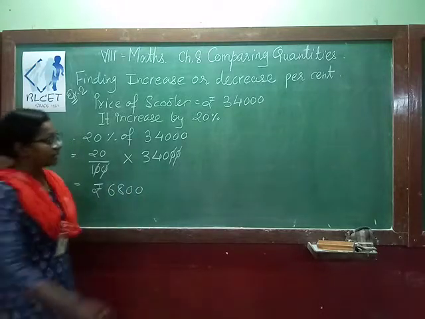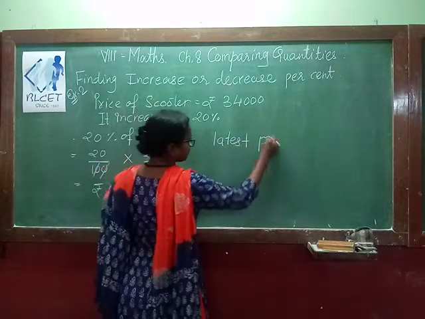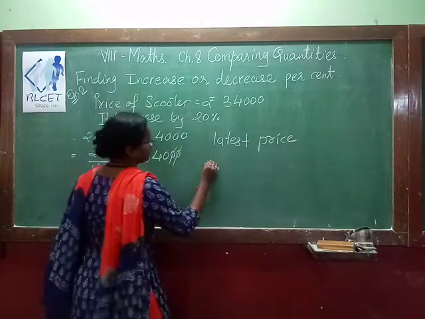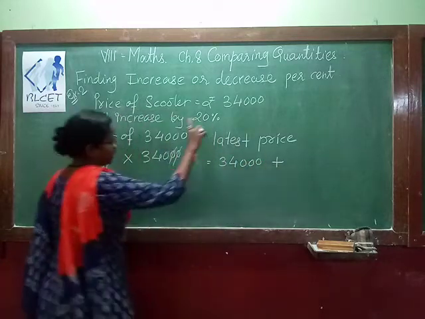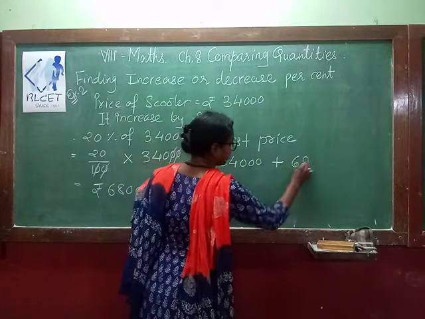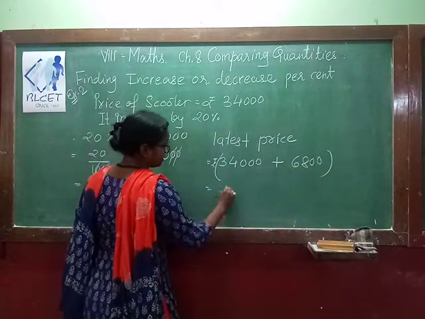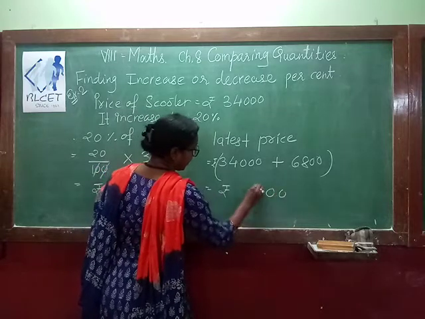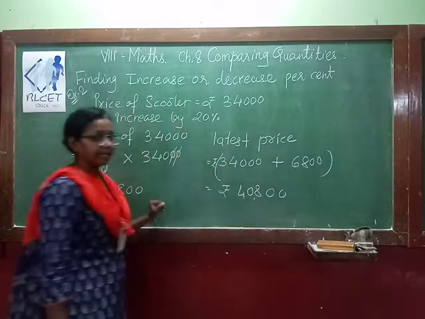So now the latest price is equal to 34,000, that is of last year, plus the 20% increase, that is 6,800. Do the addition of these two. So what is the final answer? 40,800.